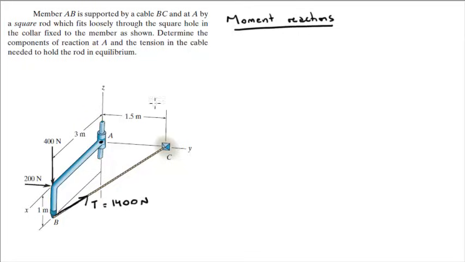So the first thing that we need to do is find the moments created by these forces. So how do you find the moment created by these two forces? You basically get this vector and you do the cross product with the forces. So the moment at A created by the 200 and the 400 newton force is equal to, you do a cross product, i, j, k.